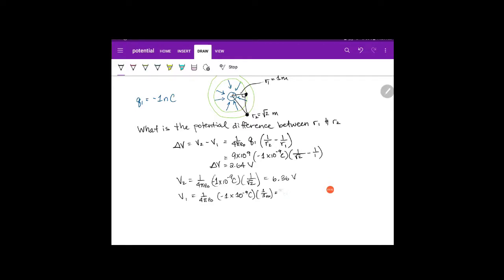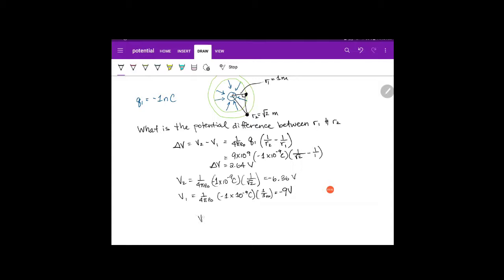And that would just be 9 volts. And sorry, this is negative in both cases because of the negative charge.